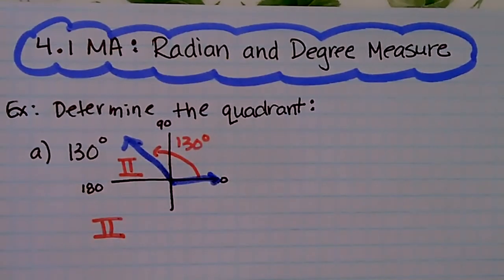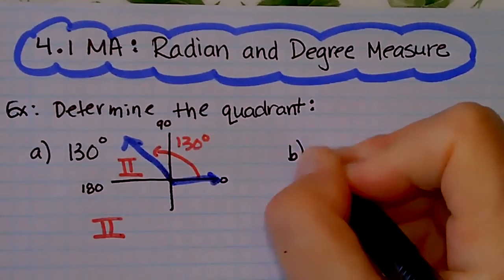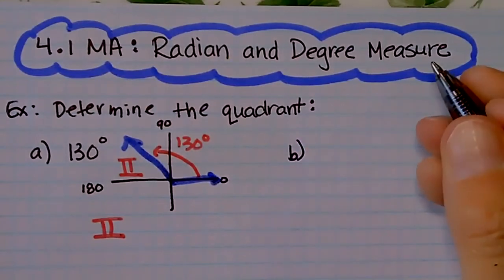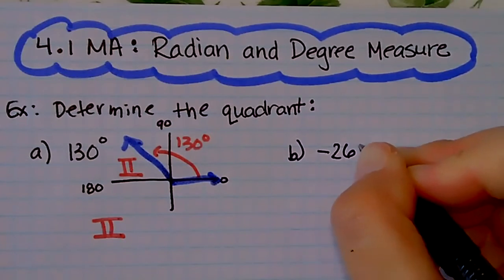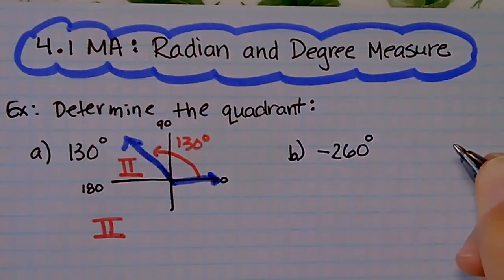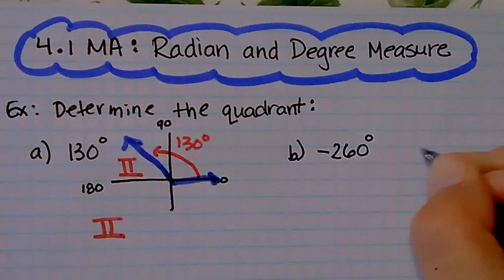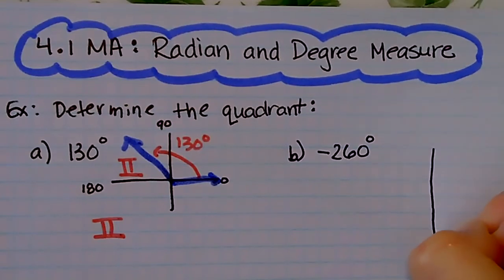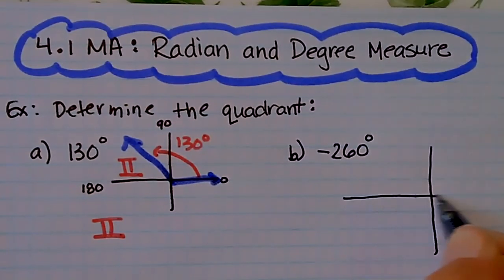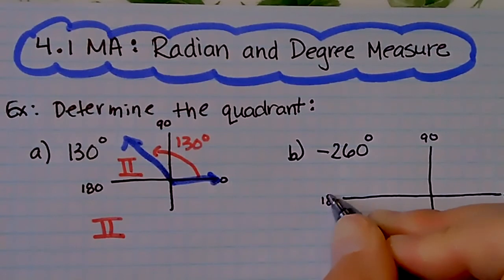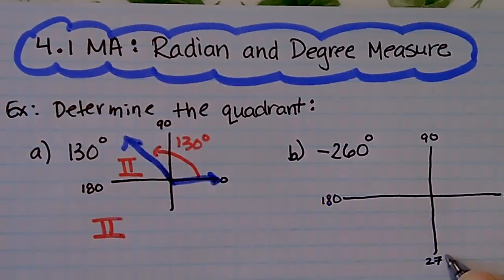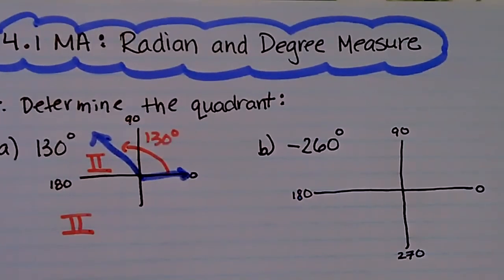So my answer here would be quadrant 2. Okay. Let's say we had another one. And let's say that this one was a negative 260 degrees. Okay. So I'm going to be going the other direction. Okay, let me just put my 0, my 90, my 180, my 270, and then back to 360 over here.